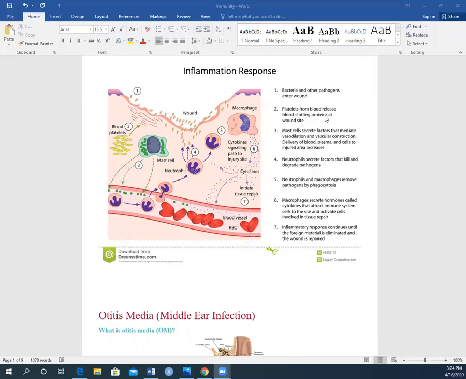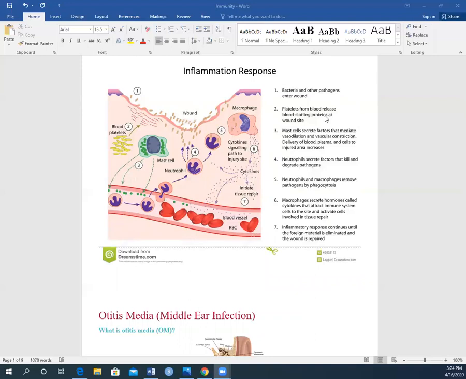Then your mast cells are going to secrete factors that mediate vasodilation, and vasodilation is going to be increasing the size of those blood vessels, which will allow more blood and blood cells to be delivered to the site of the injury.